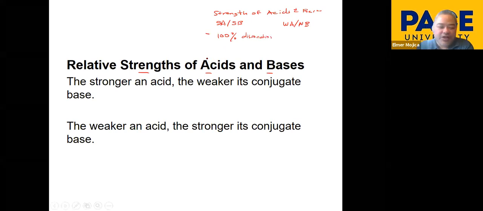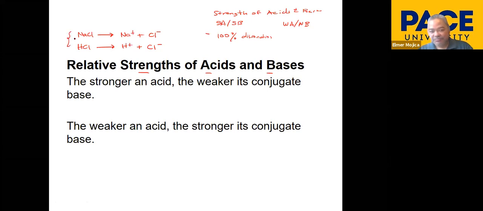When you have a strong acid, another way to explain its behavior is that it is similar to a salt, right? If you have NaCl in water, what will happen? They will dissociate into a sodium ion and chloride ion. Now, if you have HCl, which is a strong acid, it dissociates as H plus and Cl minus.